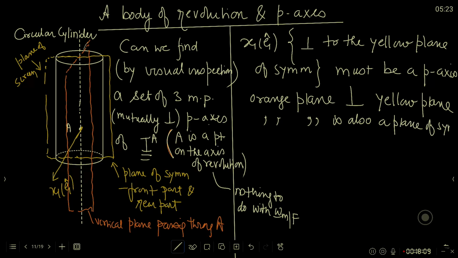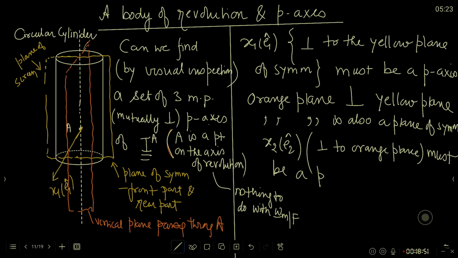This orange plane is just the second of the infinite number of planes of symmetry that pass through A and are oriented vertically, as we are seeing in the diagram. What does this mean? If the orange plane is also a plane of symmetry, it means if I orient x2 E2 perpendicular to the orange plane, that also must be a P-axis.